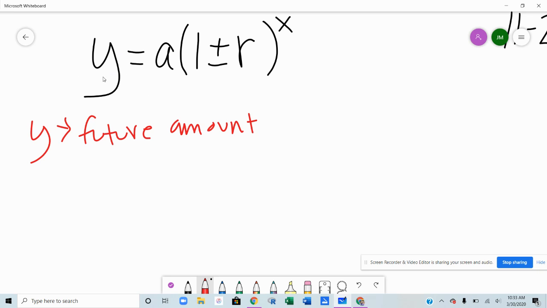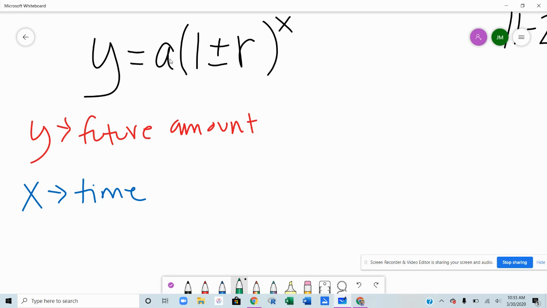Well, you're solving for y. That's your future amount. So y is a variable, but that's what that typically stands for. X, which is your other variable, stands for your time. So x and y will stay x and y in your equation, but once you get to word problems, it'll say how many people will there be in 20 years? So you would plug 20 in for x.